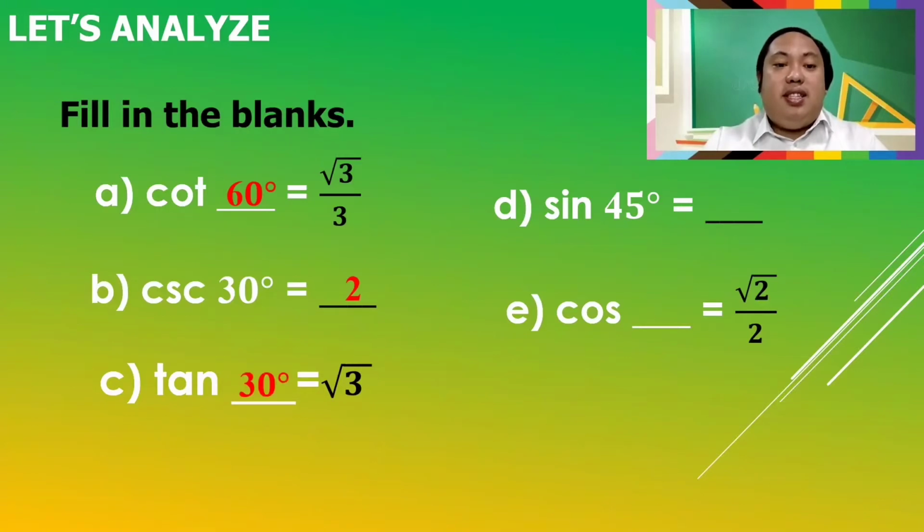The answer is 30 degrees. Letter D, sine 45 degrees equals, correct, square root of 2 over 2. And for letter E, cosine blank equals square root of 2 over 2 is, correct, 45 degrees.